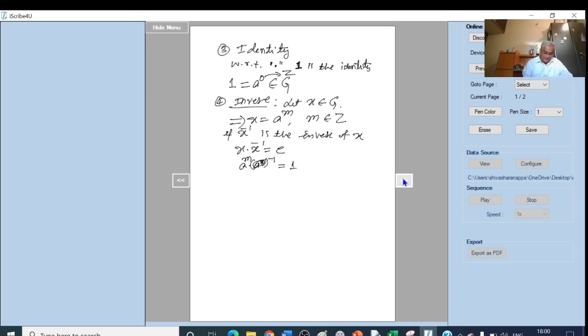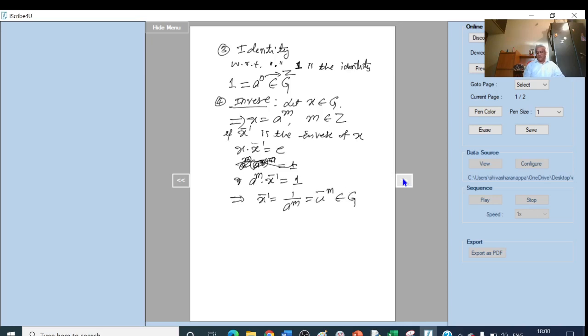I will write x inverse itself here. X is a to the power of m, and we write this as x inverse as it is. This is equal to, what is identity? Identity is 1. E equal to 1 here. What does this imply? X inverse is equal to 1 by a to the power of m. This is equal to a to the power of minus m.